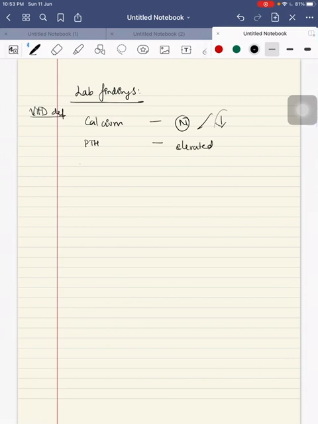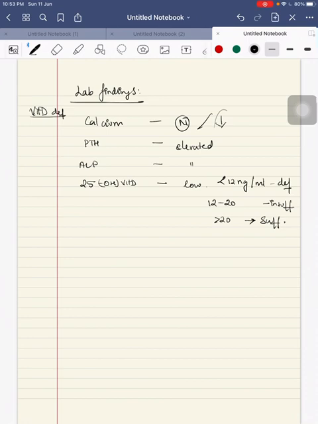Third, alkaline phosphatase will also be elevated. And fourthly, you will be seeing 25-hydroxy vitamin D, which will be low. When it is less than 12 nanogram per ml, it is called as deficiency. When it is between 12 to 20, it is called as insufficiency. When it is more than 20, it is sufficiency. Okay.